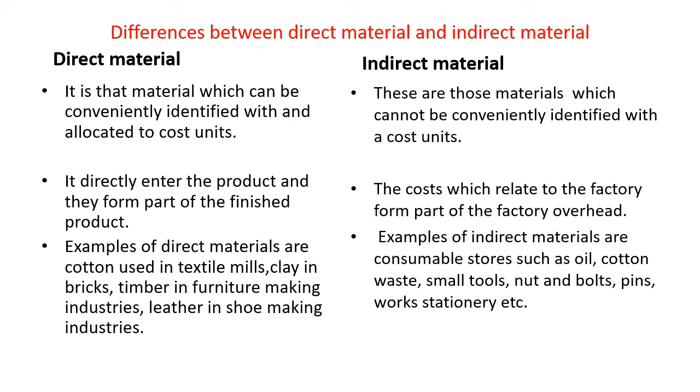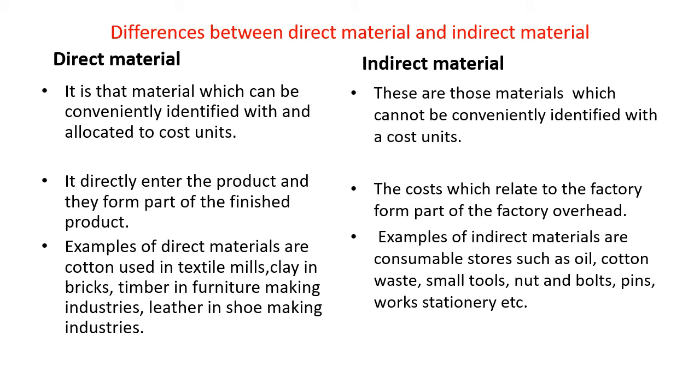It directly enters the product and forms a part of the finished product. Examples of direct materials are cotton used in textile mills, clay in bricks, timber in furniture making industries, leather in shoe making industries.